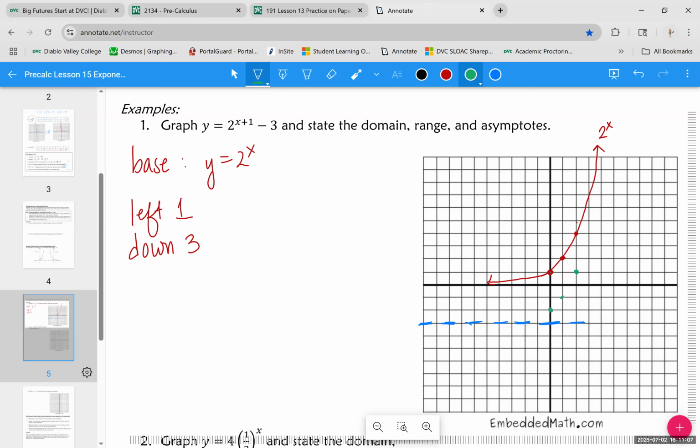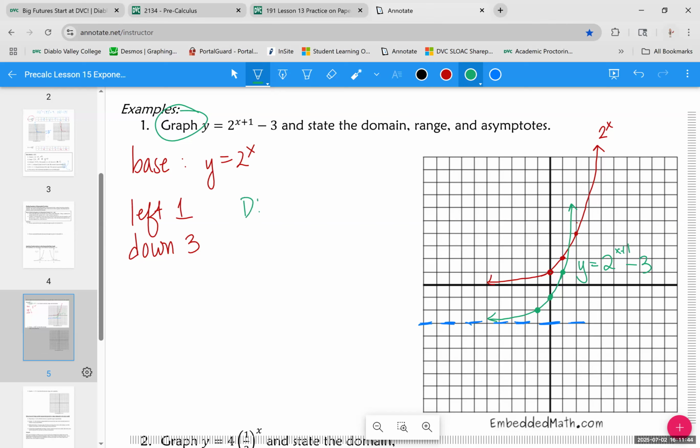But now I'm going to move them left. 1, move that left 1, and move that left 1. So I'm going to get rid of just the down. And now I can draw in my exponential curve. And this would be y equals 2 to the x plus 1 minus 3. So I have graphed it just using a few base pieces of information and then translating.